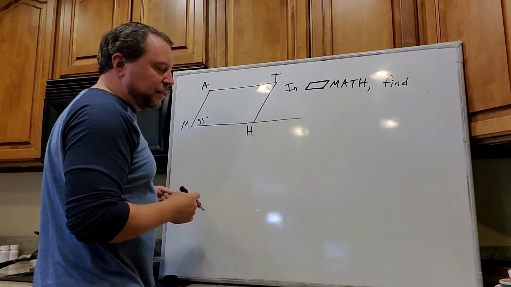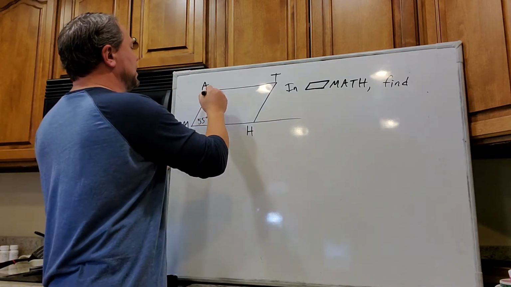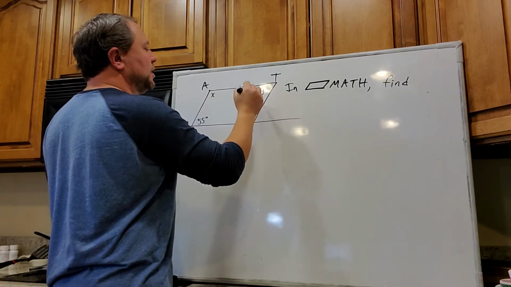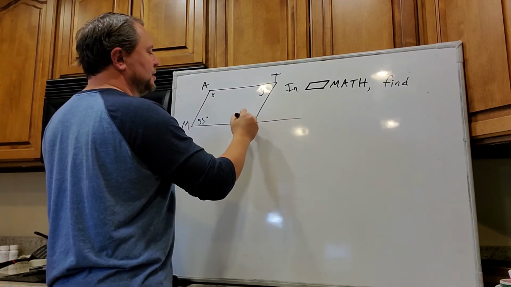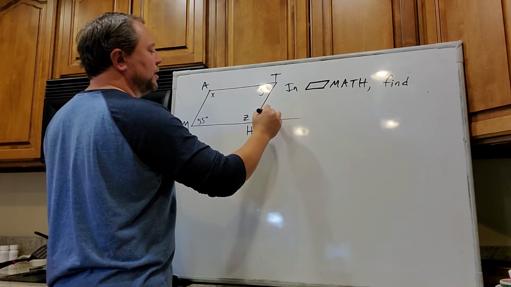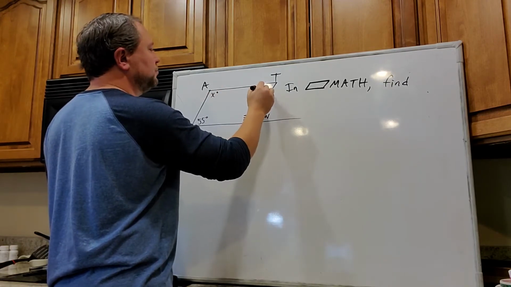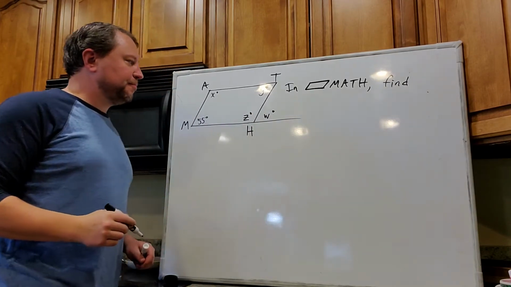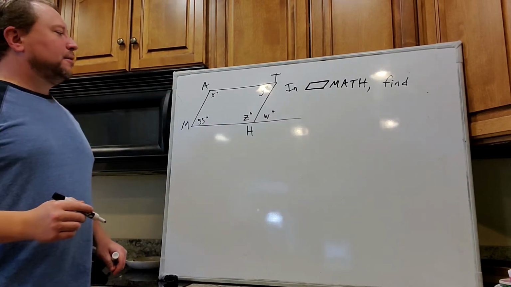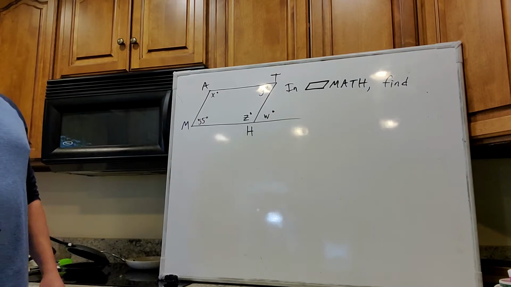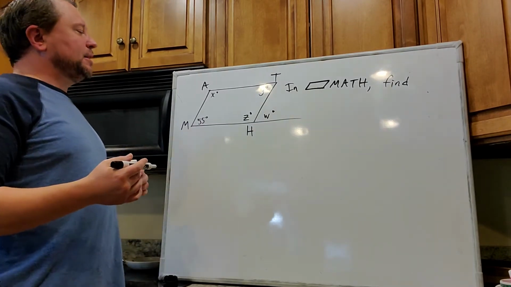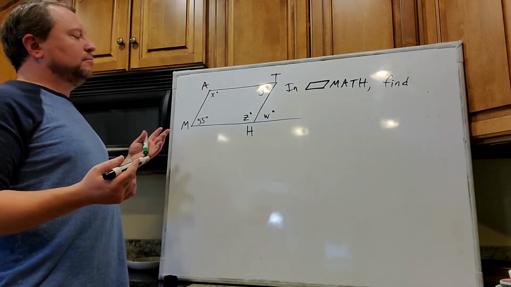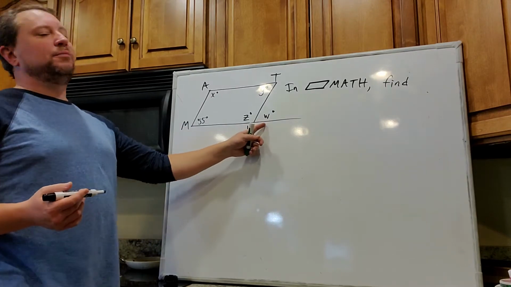We're going to call this X, Y, Z, and W out here. So we're going to find all these missing angles. All right, now, let's say that I wanted to find angle W first.